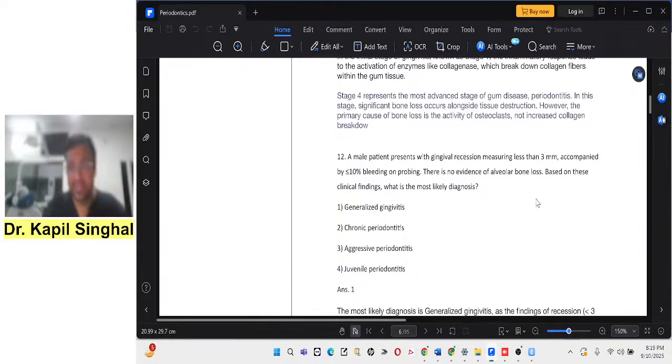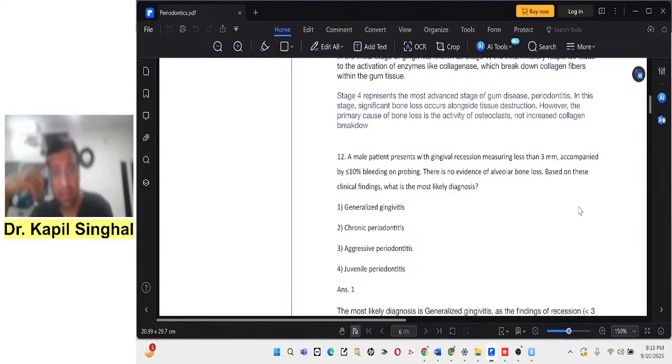A male patient presents with gingival recession measuring less than 3 mm, accompanied by less than 10% bleeding on probing. There is no evidence of alveolar bone loss. Please remember this, there is no bone loss. Based on these clinical findings, what is the most likely diagnosis?